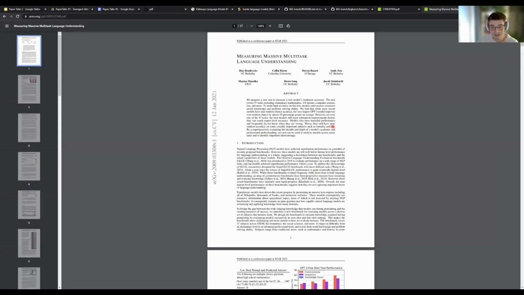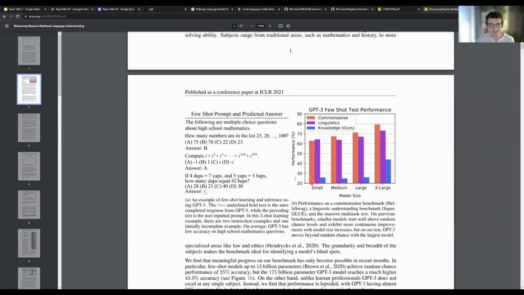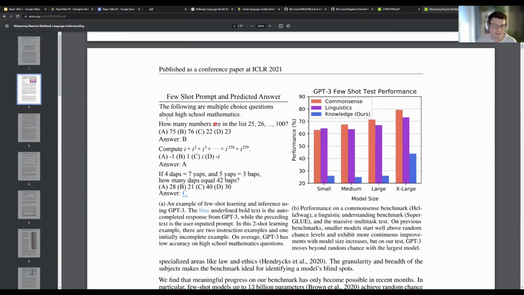And actually here the questions can be really demanding, because here are some examples from the maths. So how many numbers are in the list 25 ... 100, with these three examples, which demands some sort of understanding of the question.